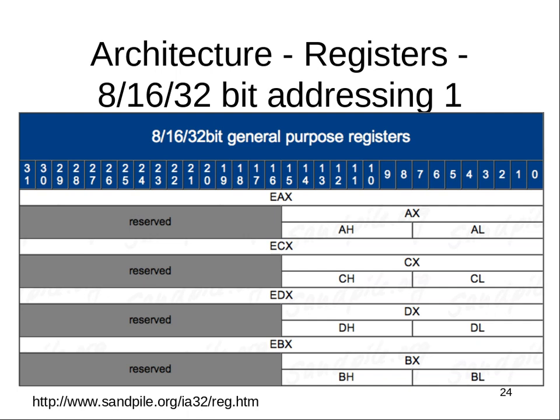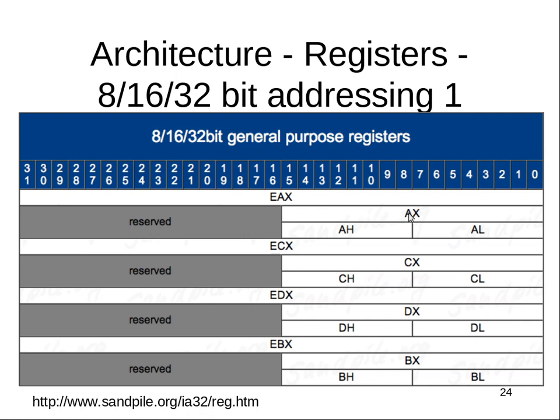All right. This gets confusing. So, with x86 32-bit, each register can be accessed in multiple ways. If you want to access the entire 32 bits, it's EAX.